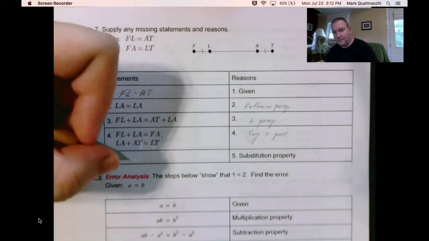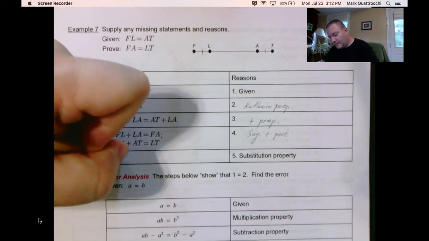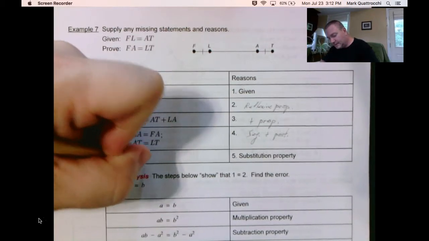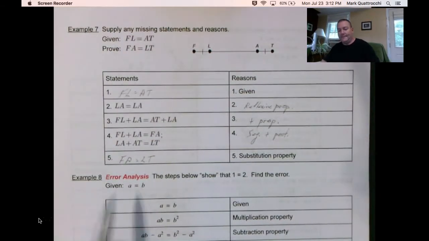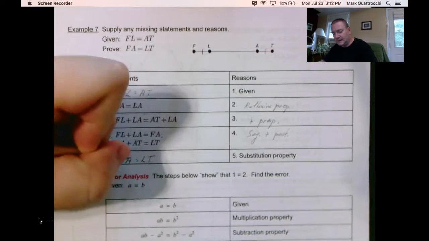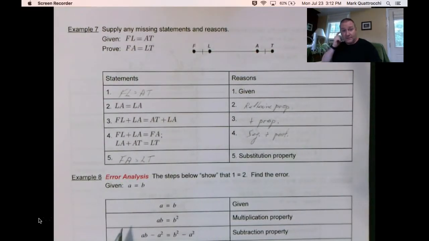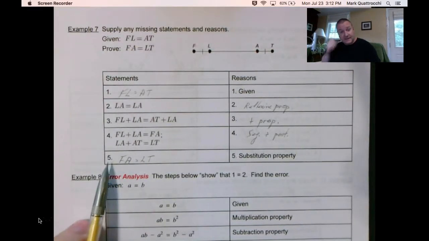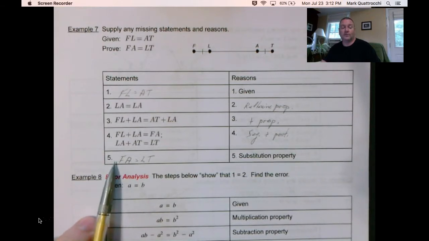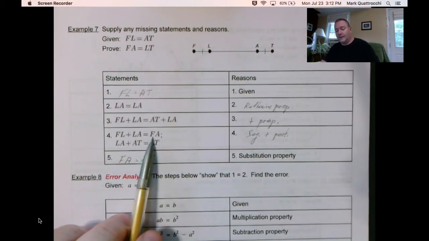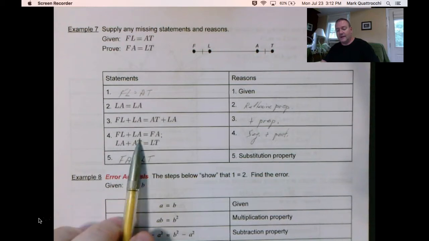So if we write out FA equals LT, now I'll tell you why FA equals LT. If this wasn't a fill-in-the-blank proof, and if I didn't tell you that there were 5 statements, you wouldn't have known when this was going to occur. But we know now because FA is equal to FL plus LA.